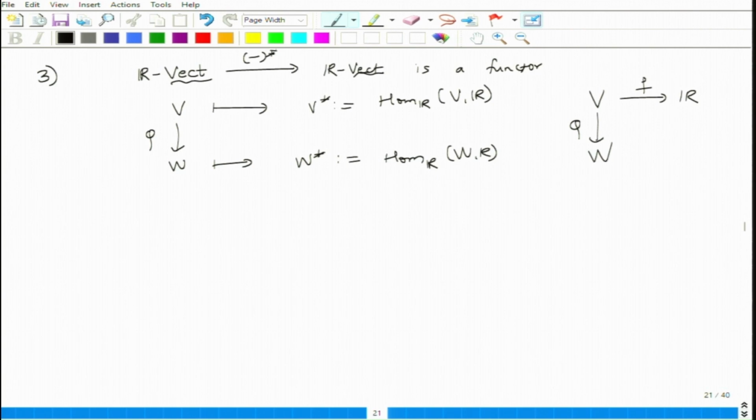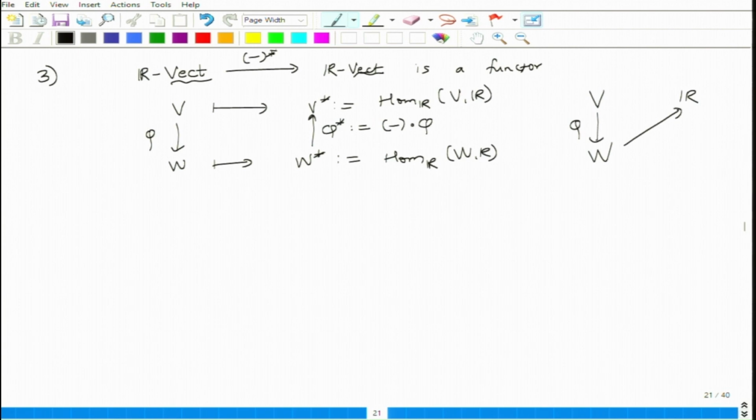No. So you can't do this. On the other hand, if I am given something over here, then I can simply compose it and I can get a diagram. So automatically this is embedded. We don't have to think about it. If you just try things out, then you will get that there is a map here. We call it phi star, which is actually blank composed with phi. It's a precomposition with phi.